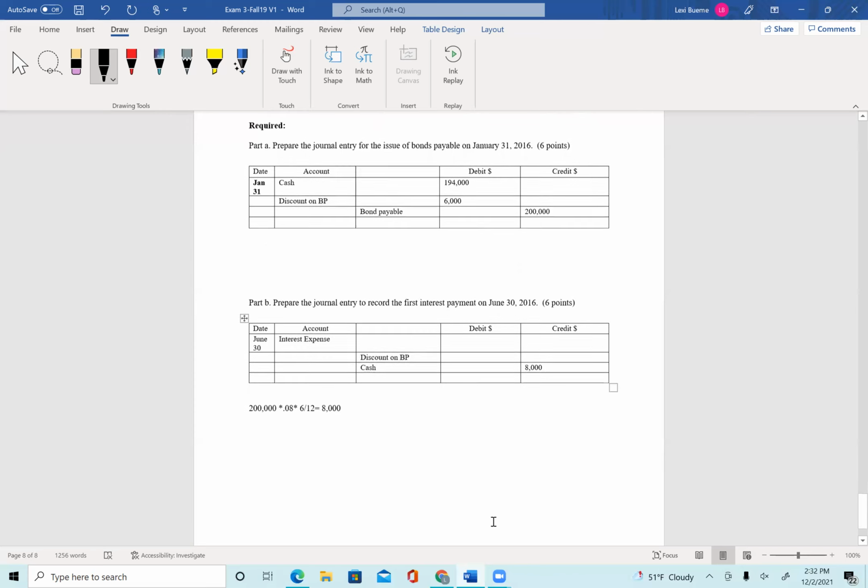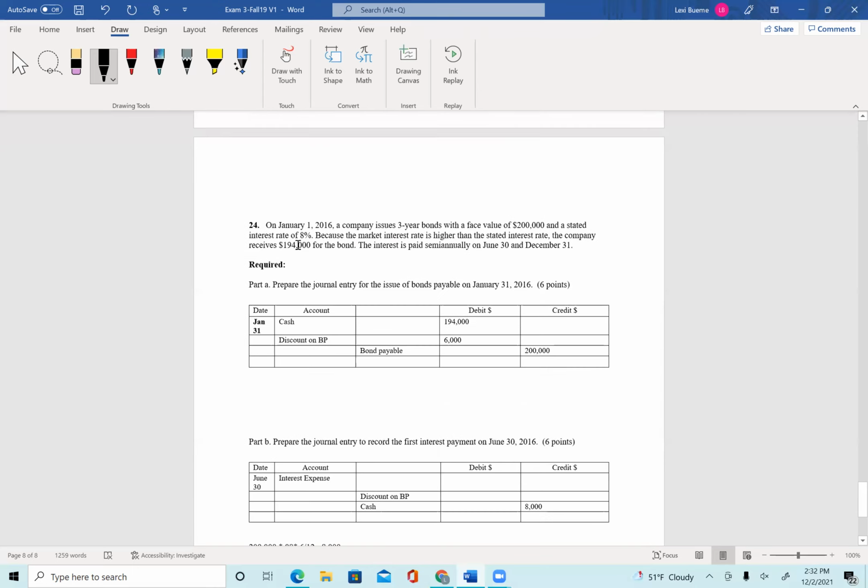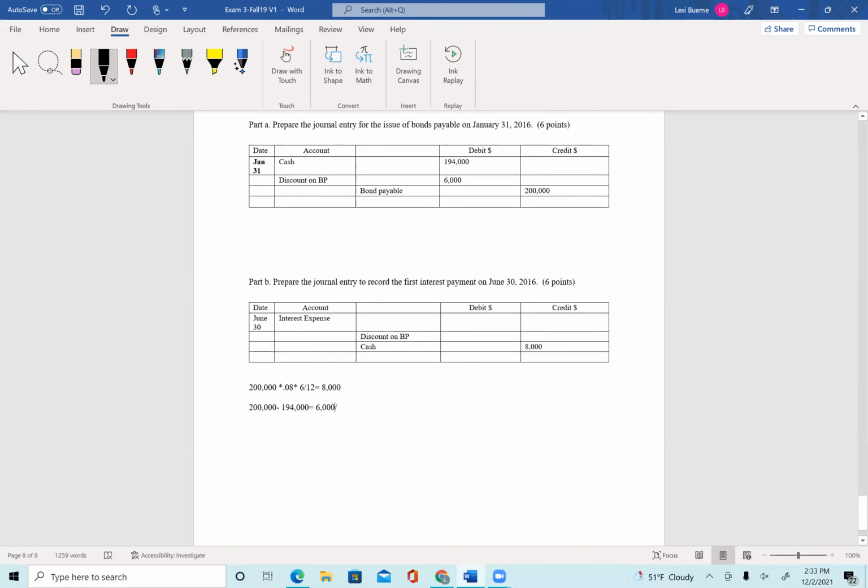And now we're going to find out our interest expense amount. Since we don't know our market rate, we're going to take the difference between our 200,000 minus the 194,000, which gives us 6,000. And then since it's a 3-year bond, we have to divide that by 3. So that's going to give us 2,000.